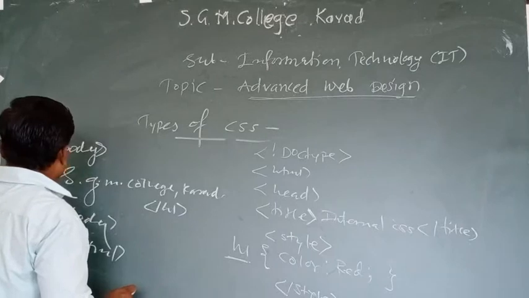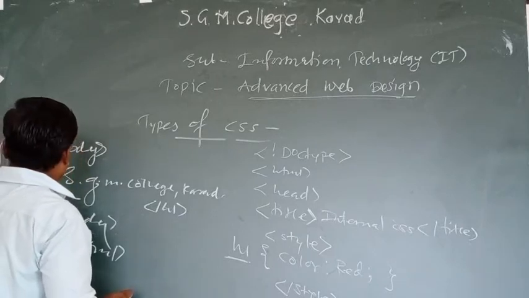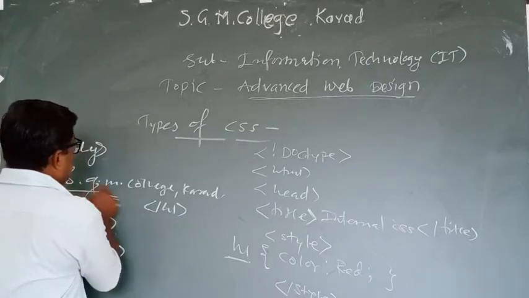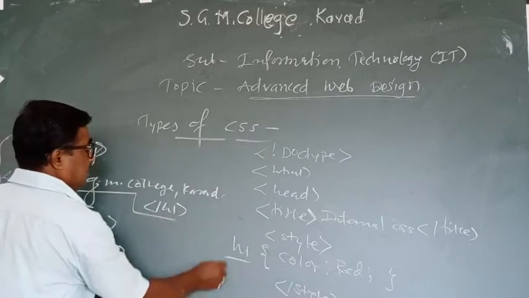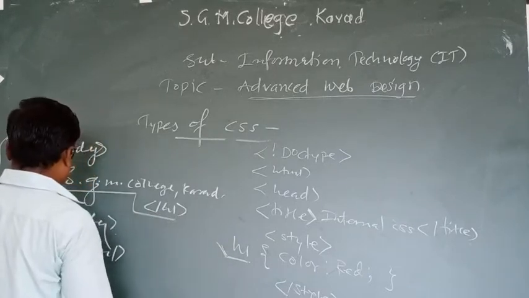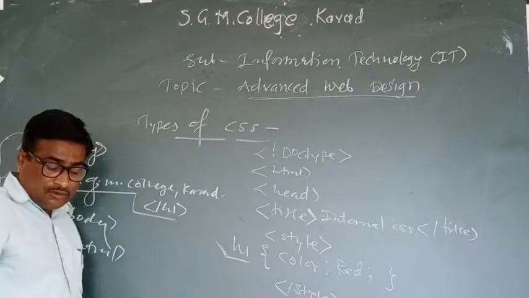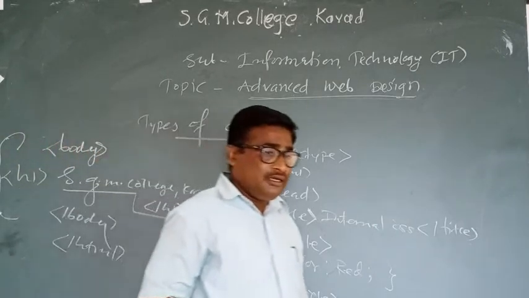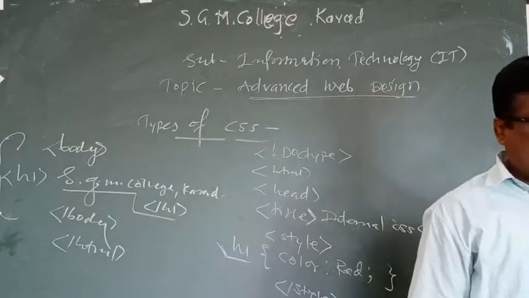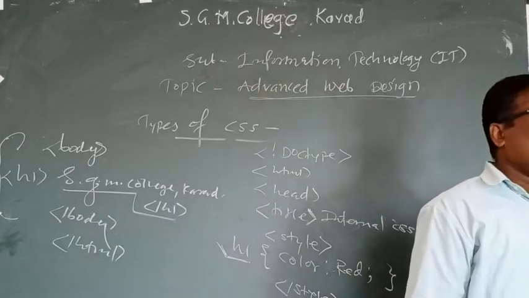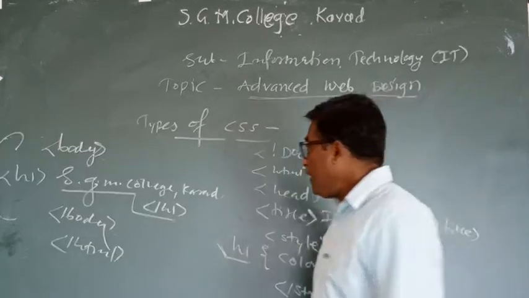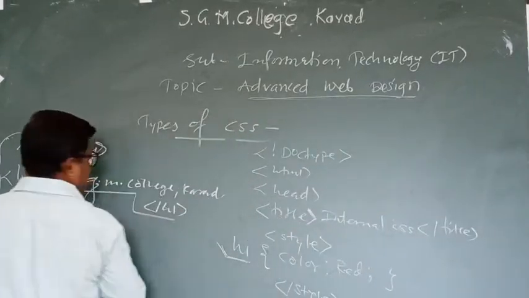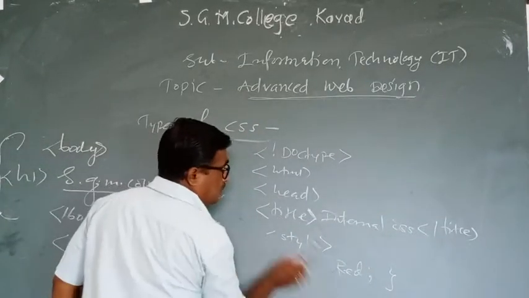In the body tag, whatever tag is used for formatting any text, the name of that tag is used as a selector in the program, and then body close, HTML close. It is an internal CSS. Internal CSS is used to apply style on the whole page. It is very important.